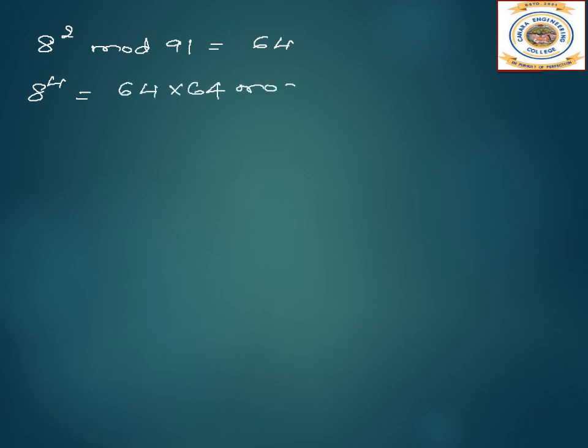So continuing further, 8 square mod 91 will be 64 mod 91. 8 to the power 4 will be 8 square into 8 square, so I can write it as 64 into 64 mod 91, which will give me the answer as 1. 8 to the power 8 is again 8 to the power 4 into 8 to the power 4 mod 91, that is 1 into 1 mod 91, which is again 1. 8 to the power 16 will be again 8 to the power 8 into 8 to the power 8 mod 91.